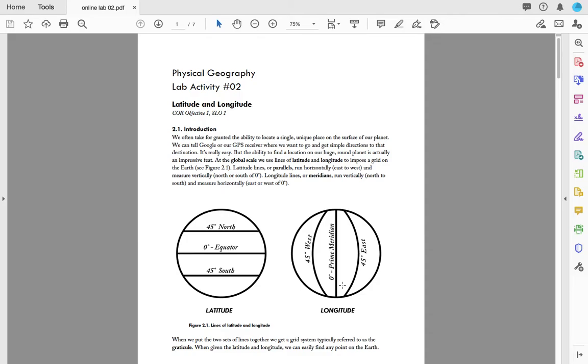All right, but if I have a line of longitude as well, say I'm at 45 degrees north and 45 degrees west, I can see where these lines intersect, right? And where those two lines intersect, that's my exact location, or that's the location of the place I want to go to, or whatever. Right?